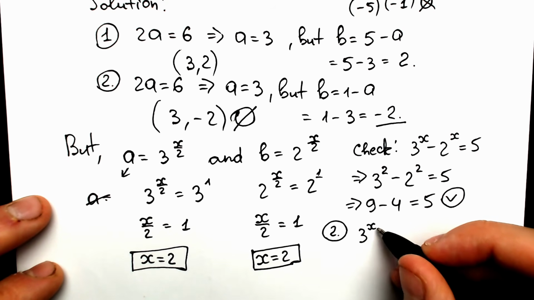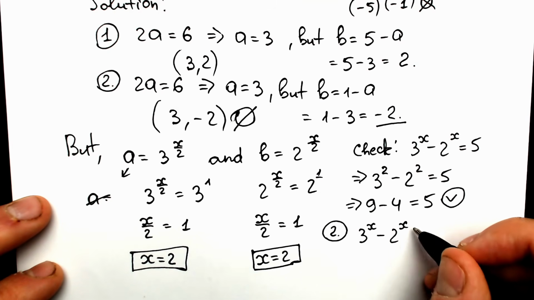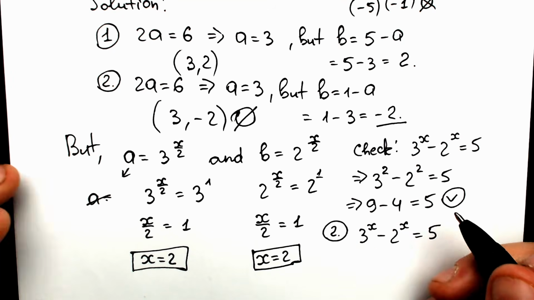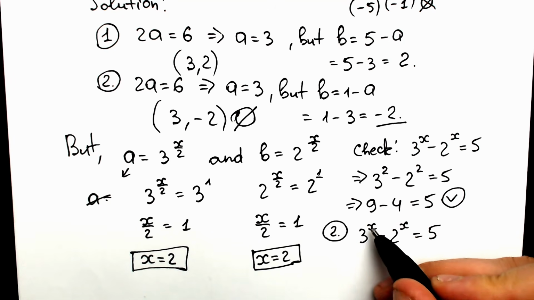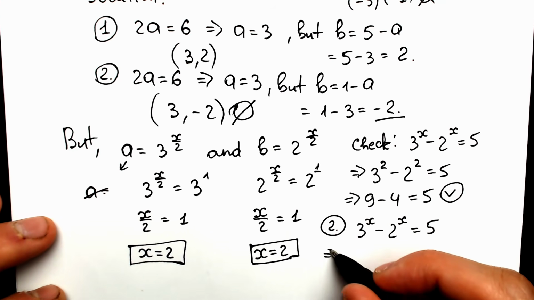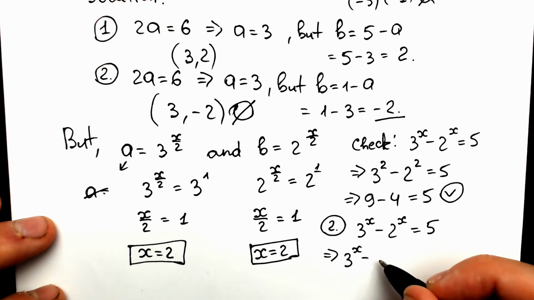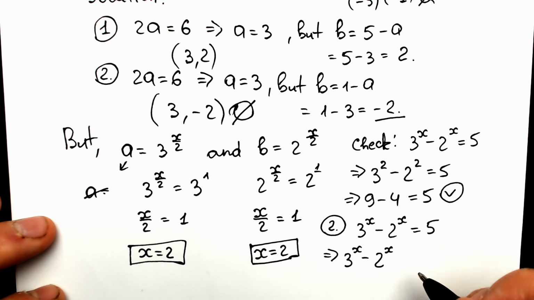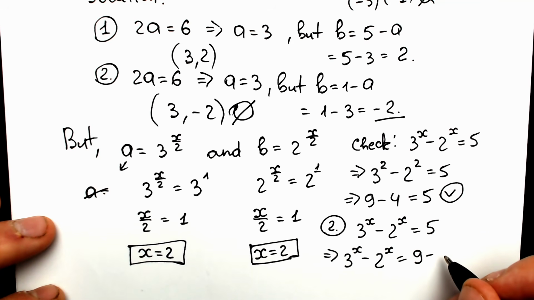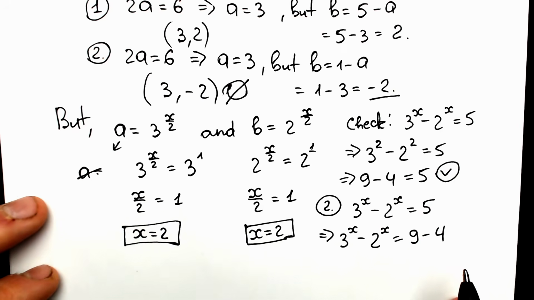So we have 3 to the power x minus 2 to the power x is equal to 5. And you know in your head that if you're talking about the inspection method, of course you can easily get that x equal to 2, but in the same way you can write a little bit more. You can write 3 to the x minus 2 to the x, and you know in your head that 3 squared equal to 9, so we can write 9, and 2 squared equal to 4, so we can write this expression as 9 minus 4.